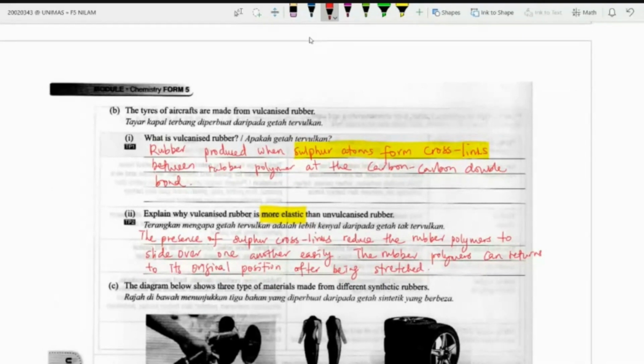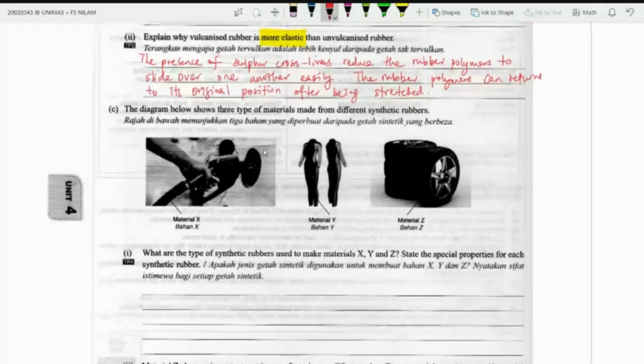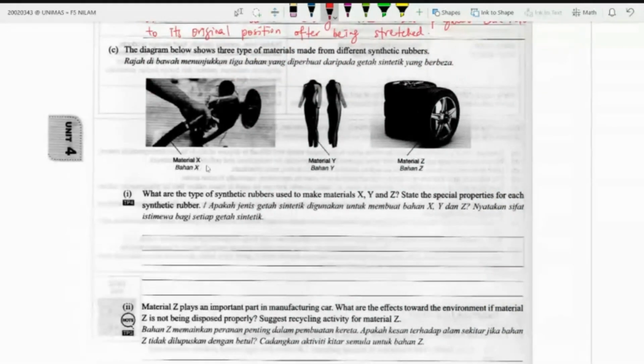Now, the diagram shows the 3 types of material made from the different synthetic rubbers. So material X, what is this class? Material X. Can you type out your answer? What is material X?